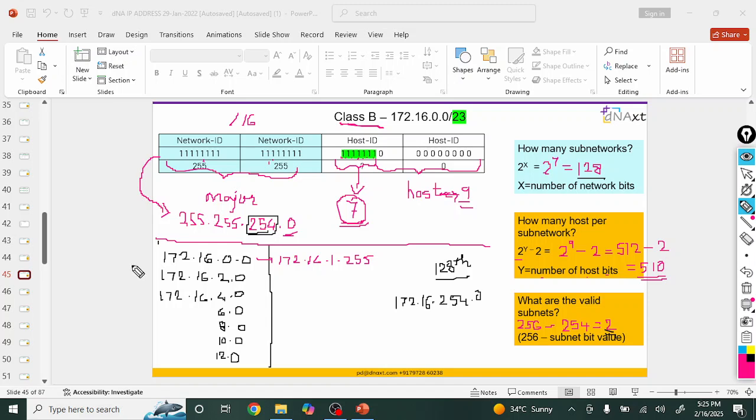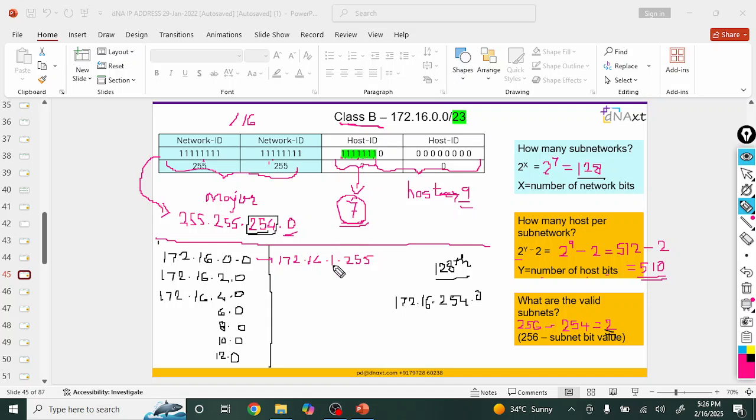So when your IP address is 172.16.0.255, the next IP address will be 172.16.1.0, then 1.1, 1.2, 1.3, 1.4 till 1.255. When this reaches 255, you cannot go to 256.